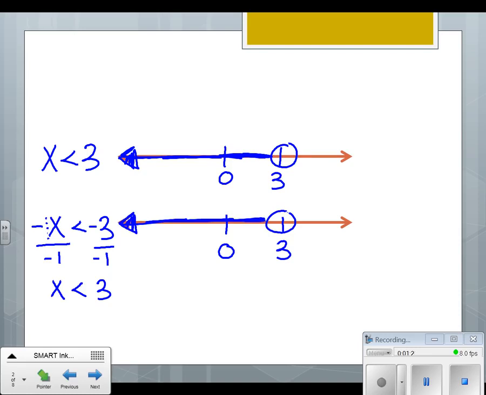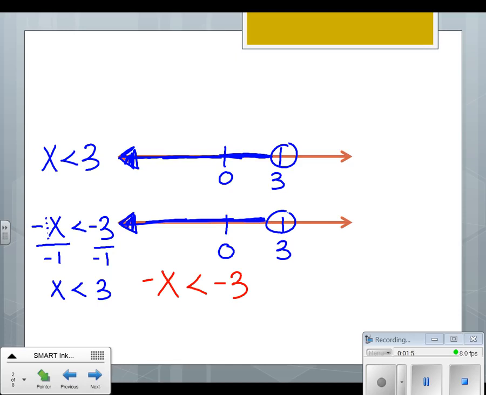But now I want to check the solution here. So what is less than 3? How about 2? We know that 2 is less than 3. So I'm going to take the original inequality we had, the opposite of x is less than negative 3. And we're saying that for our solutions x could be anything less than 3.